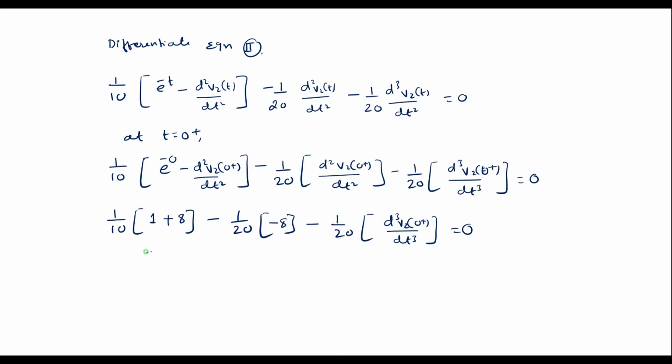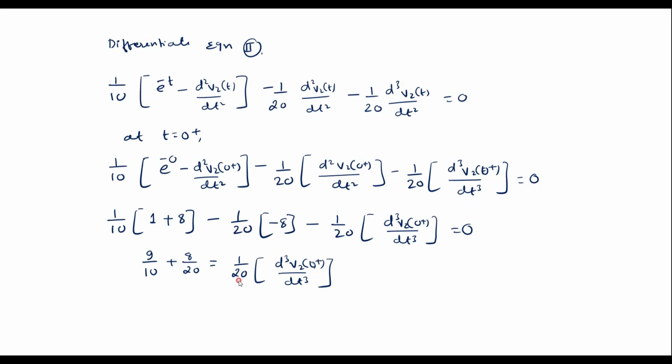So simplifying this, it is 9 by 10 plus 8 by 20 is equal to 1 over 20 d cube v2 of 0 plus by dt cube.